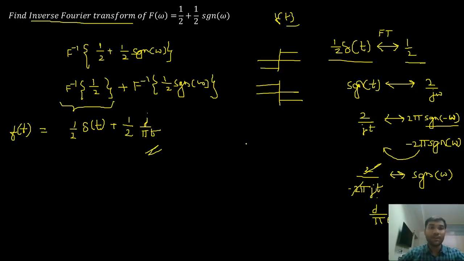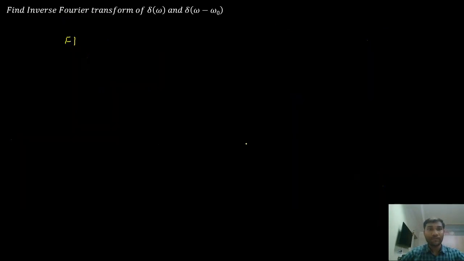Okay, this is how we can find the inverse Fourier transform. Now find the inverse Fourier transform of del of omega and del of omega minus omega naught. So we know the Fourier transform of del of t is 1, right? Now if I apply duality, 1 will have the Fourier transform 2 pi del of minus omega.